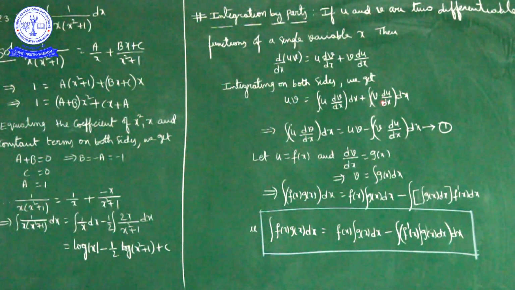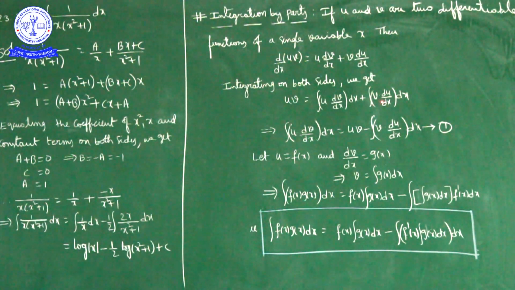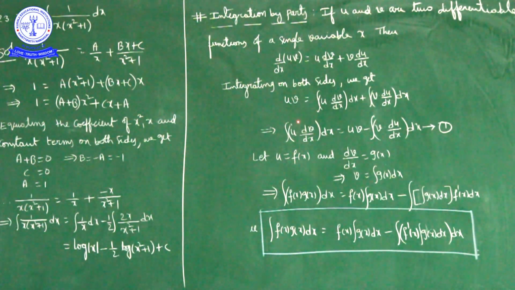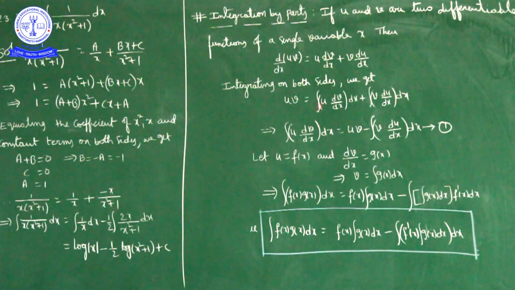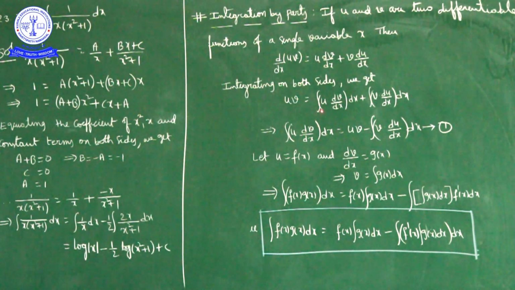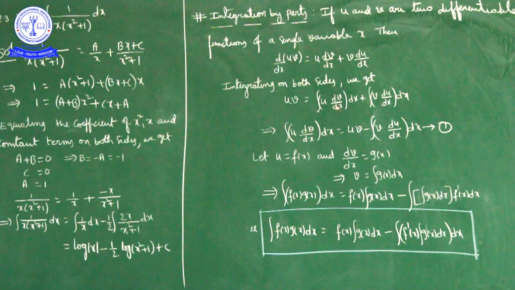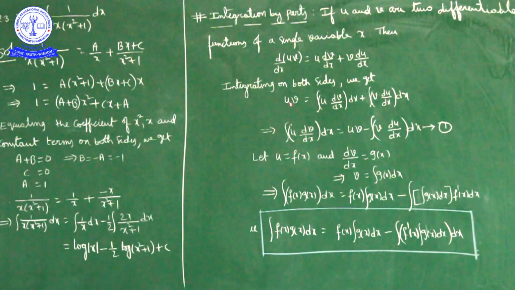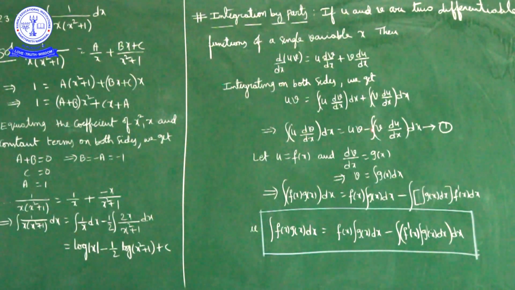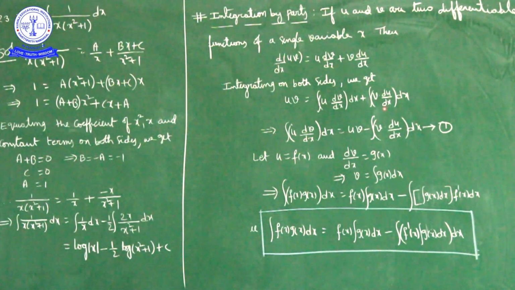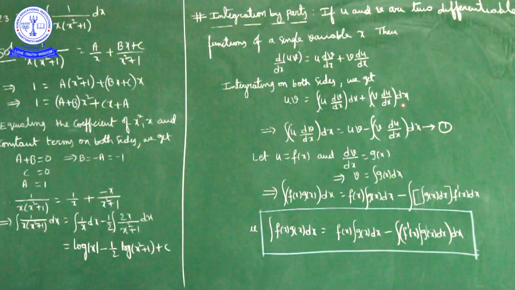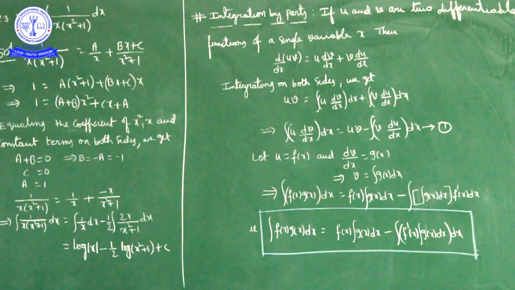Now I will write this term on this side. So we get the integral of u into dv by dx into dx is equal to uv minus the integral of v into du by dx into dx. Mark this one as 1.